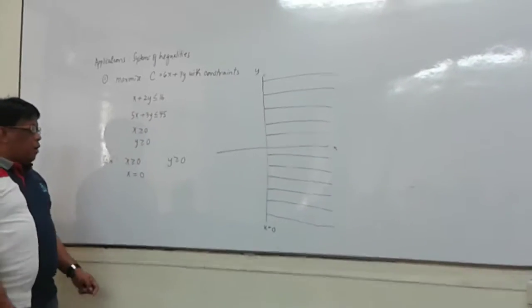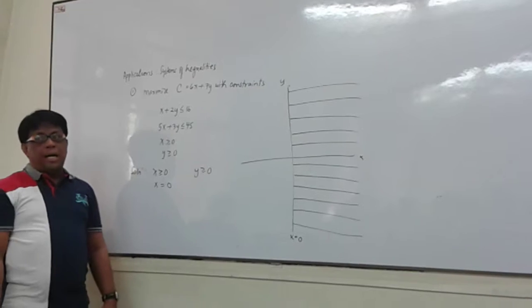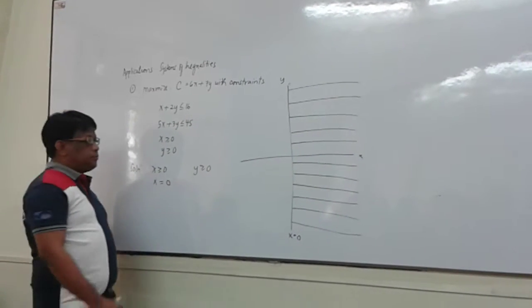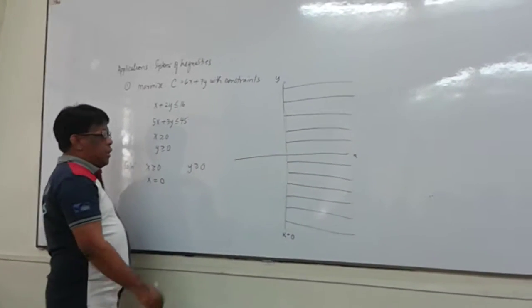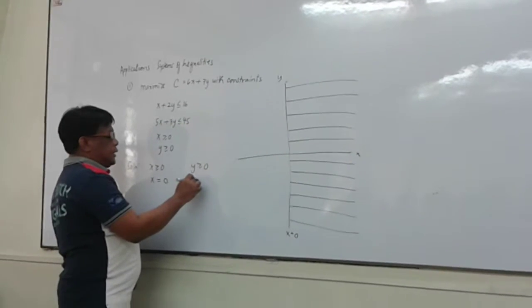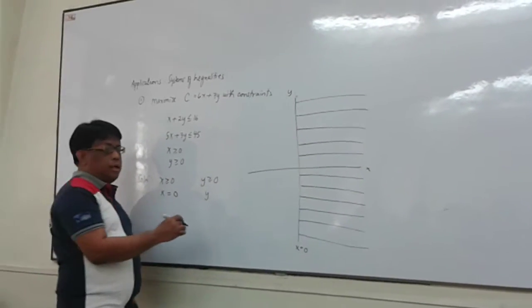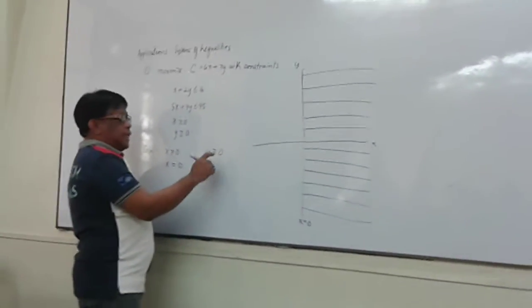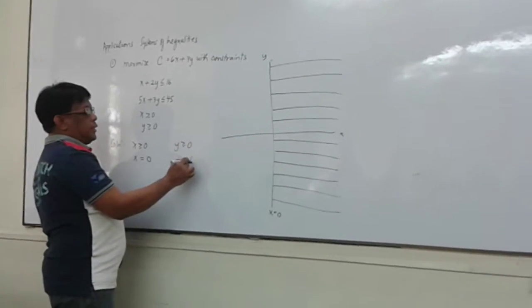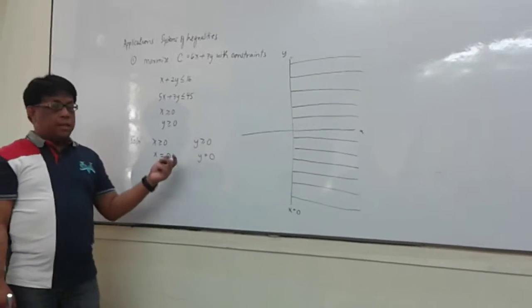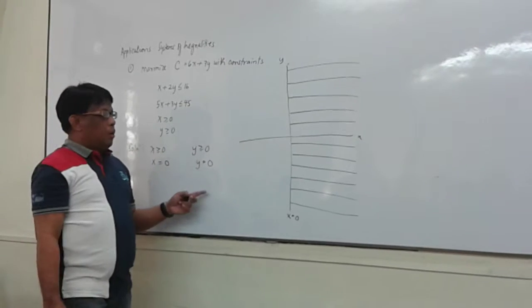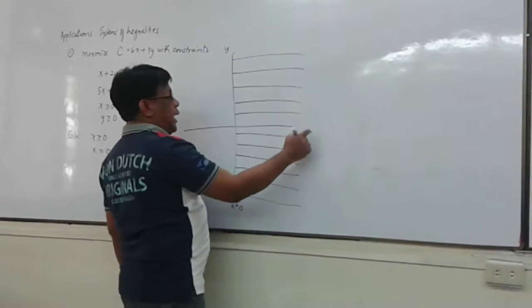What about y greater than or equal to 0? For y greater than or equal to 0, change this to an equation, changing the inequality symbol to an equal sign. Then this is y equals 0. We all know when you say y equals 0, it is the x-axis.